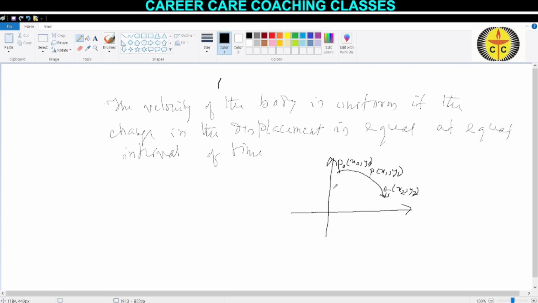So we can find the position vector of these three positions while the particle is moving along this path. This is your origin O (0, 0), and this is your P0. Then this is your OP, and this is your OQ.